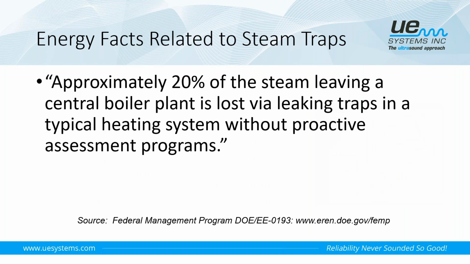Similar to a statistic that air compressor companies give out, that as much as 30% of the compressed air generated is lost to leaks, a similar statistic is that approximately 20% of the steam leaving a central boiler plant is lost via leaking steam traps. So we can pretty well know that at a minimum, we're going to gain back at least 20% savings related to energy waste with failed or leaking steam traps.